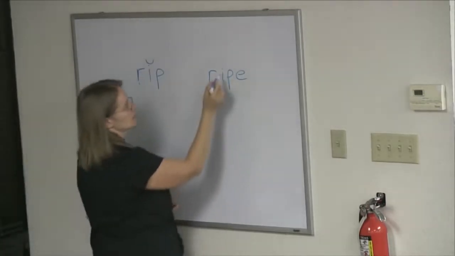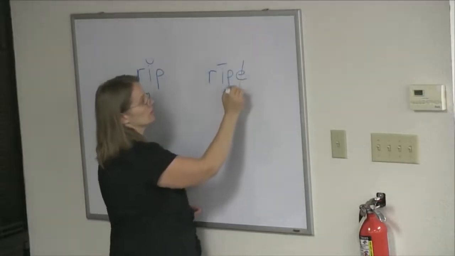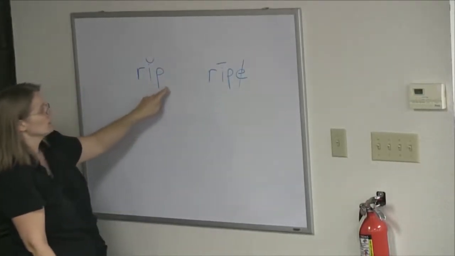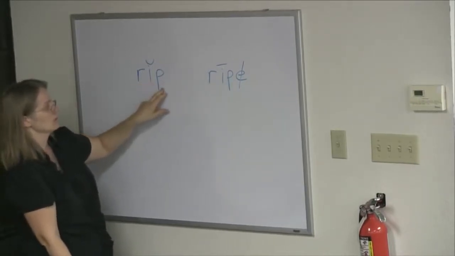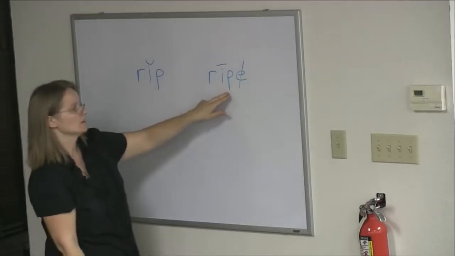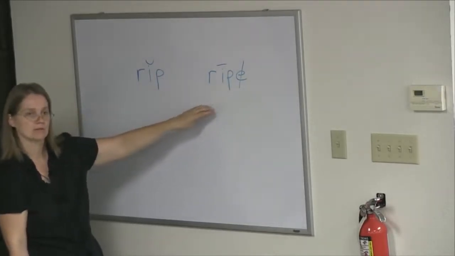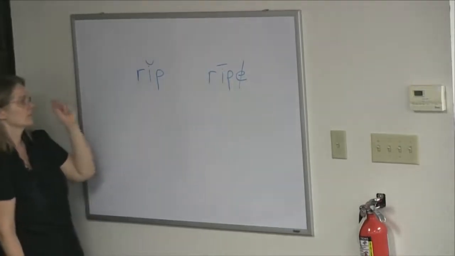This one has two vowels. The first one is long, you mark that with a dash, and the second one is silent. You mark that by striking it through. So even though they look very similar, both of these words only have three sounds. R, I, P. R, I, P. It has four letters, but it only has three sounds. Does it make sense? This is the silent E, it's a silent second vowel.